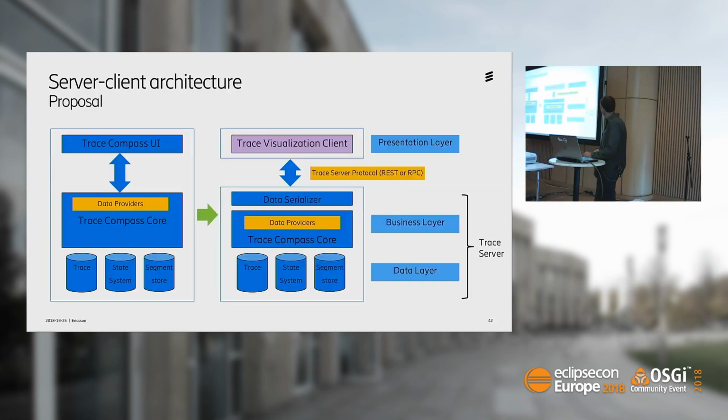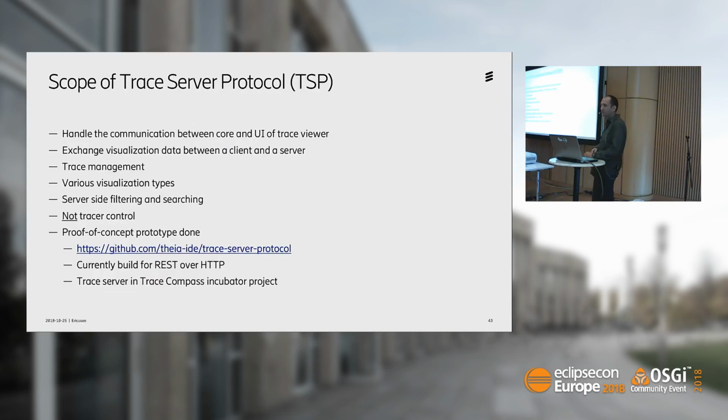And for the protocol, we think we can have a similar concept to the language server protocol. It's really decoupling the UI and the core, and it will handle the communication between the core and the UI of the trace viewer.